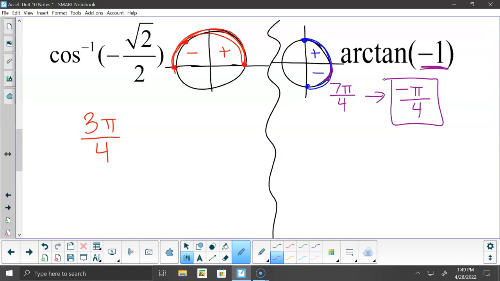Negative pi over 4 just goes here. So this is the restriction given, but then the answer has to be within those numbers? Yes. Okay. Yep. It goes straight down to it. Yes. All right.